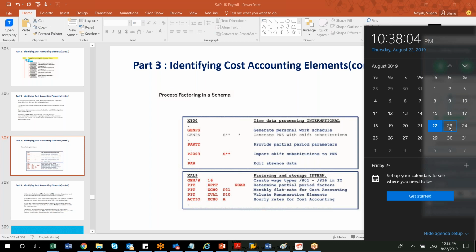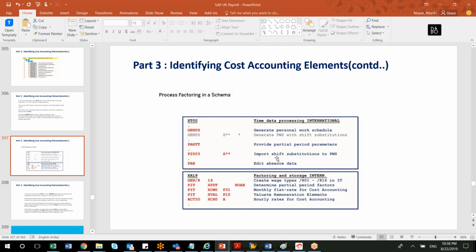How this substitution affects your calculation will be generated by the P2003 function. If there are no payroll-related changes, our system will just process it and leave it, with no impact on the payroll. You can also identify that whenever you run the payroll.